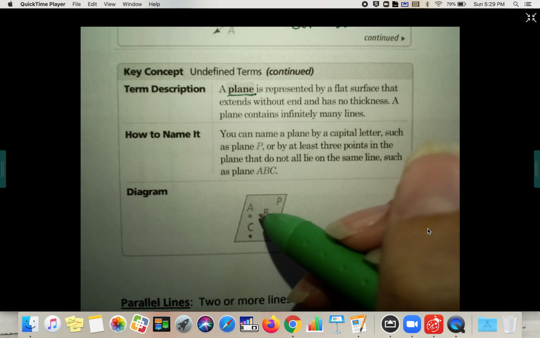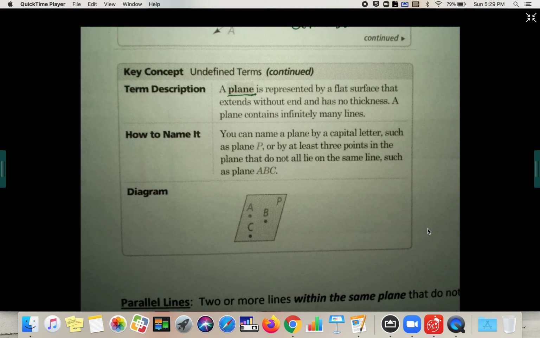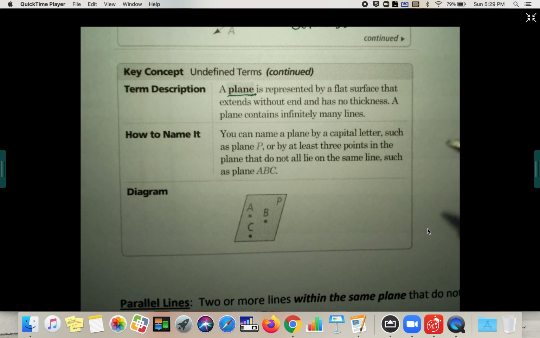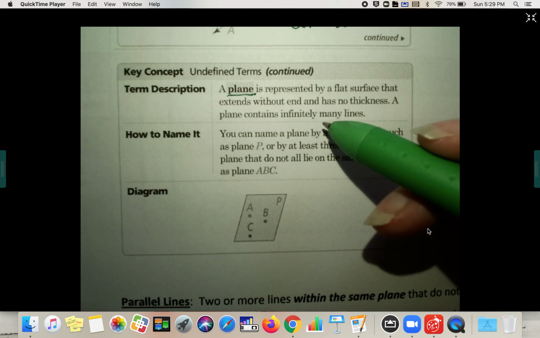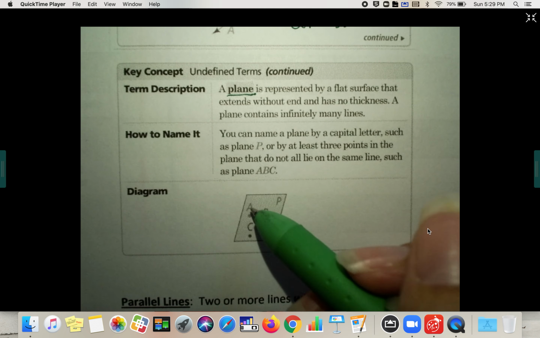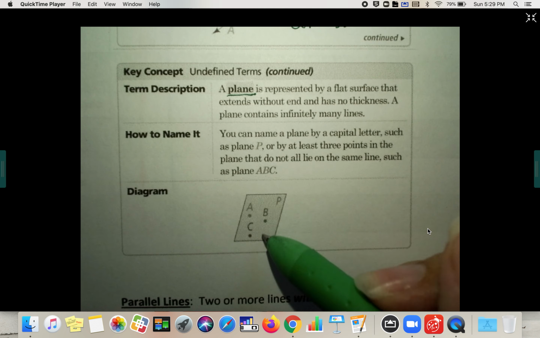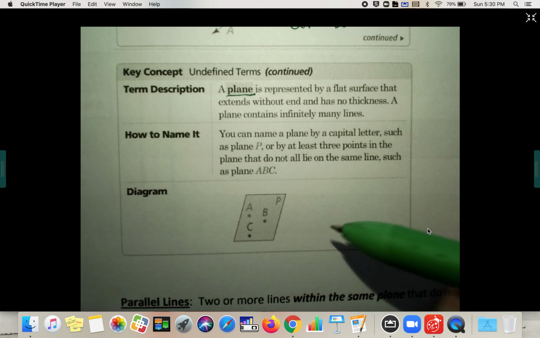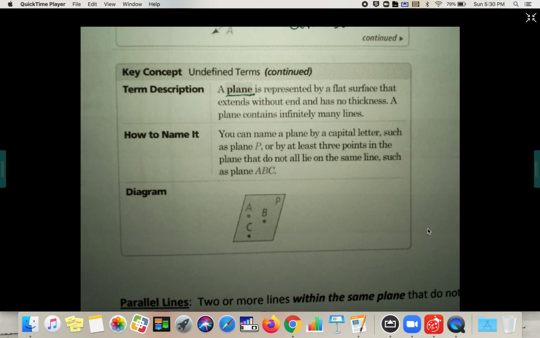It's usually drawn in kind of a rhombus looking shape, but actually it represents a plane that continues in all directions infinitely. It contains infinitely many lines also. So within this, there are infinitely many lines. If I were to draw in lines, there'd be infinite lines all through the plane, and they would continue in each direction because that's what lines do.